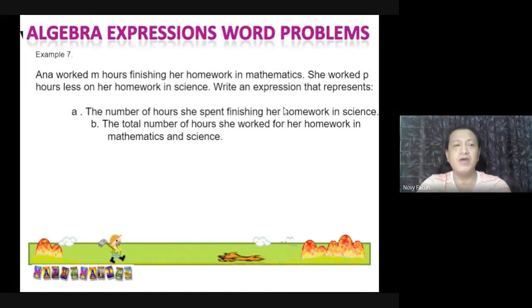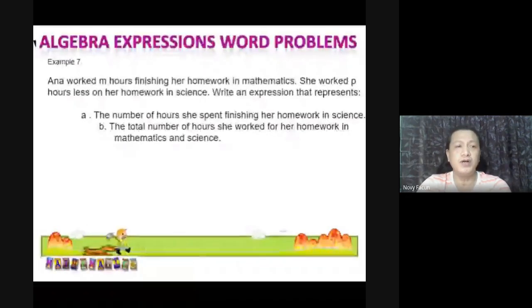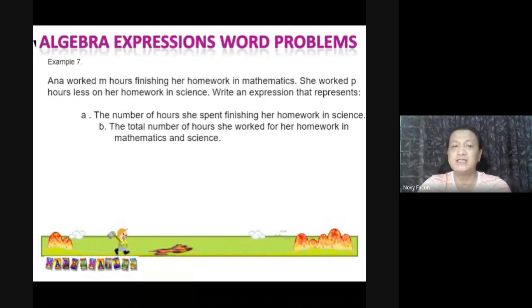Okay, so another, we have number 7. Anna worked M hours finishing her homework in mathematics. She worked P hours less on her homework in science. Write an expression that represents, letter A, the number of hours she spent finishing her homework in science.